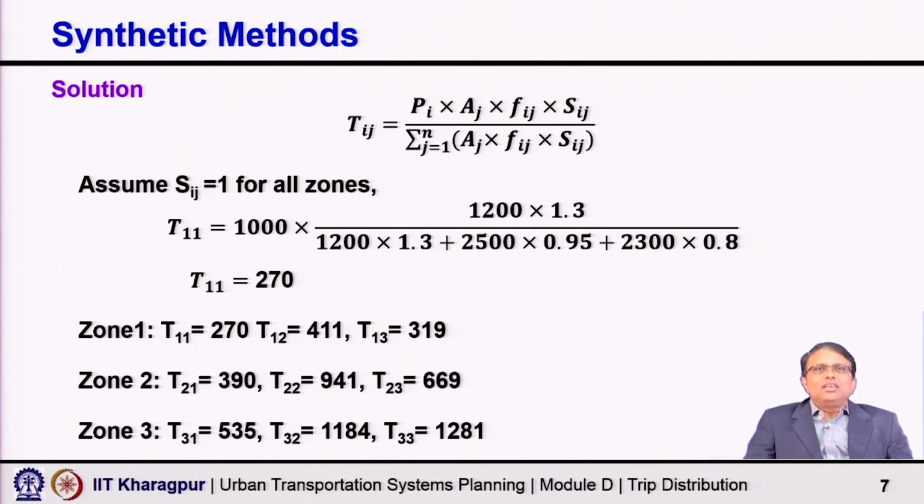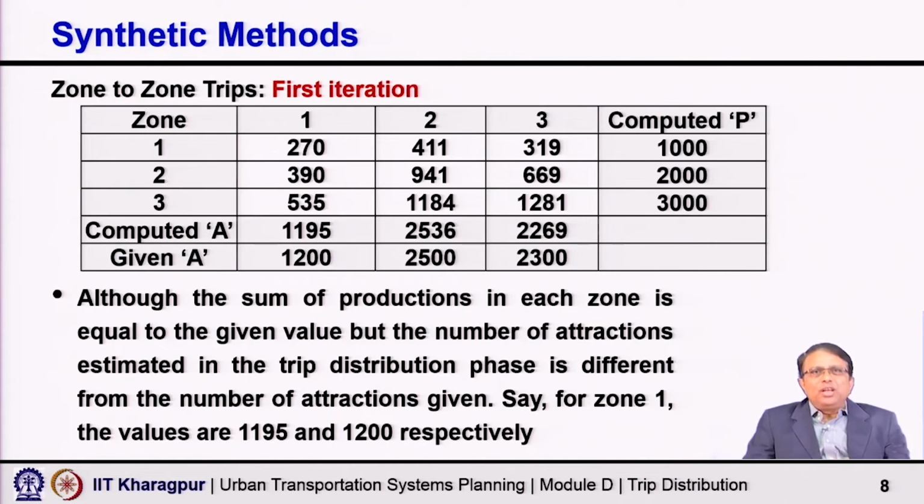So, like that, following the similar procedure, you can calculate T21, T22, T23. Since it is a singly constrained model, sum over all j will give you Pi, production. So, let us check that. Let us put these values.